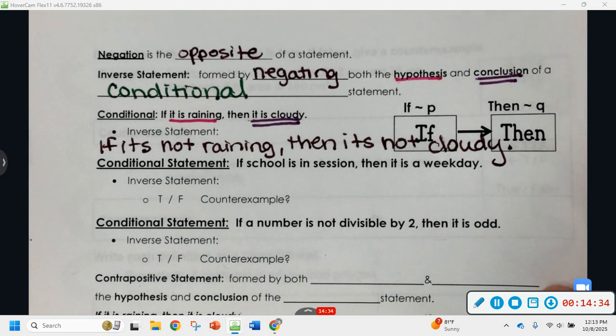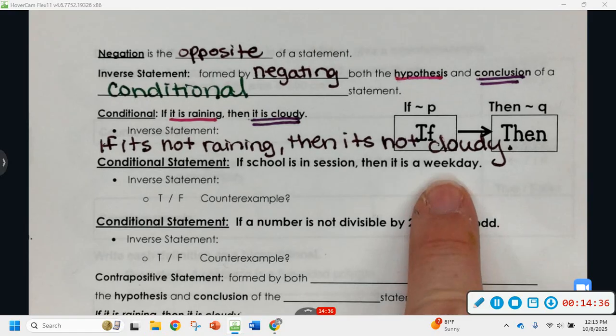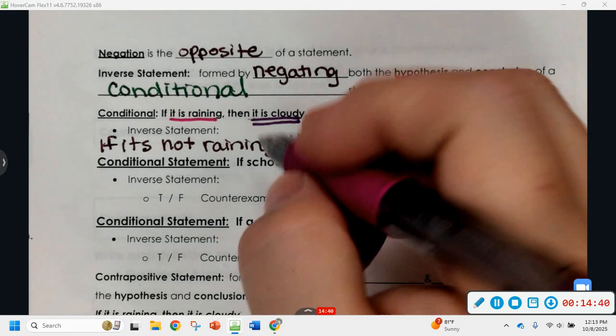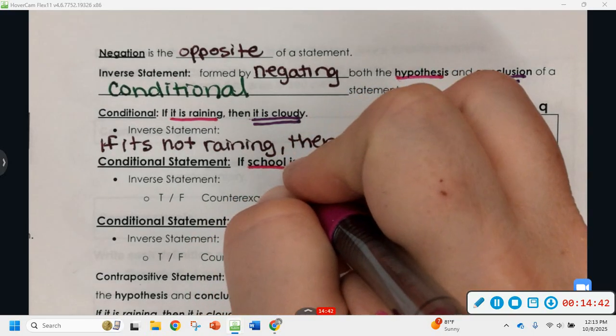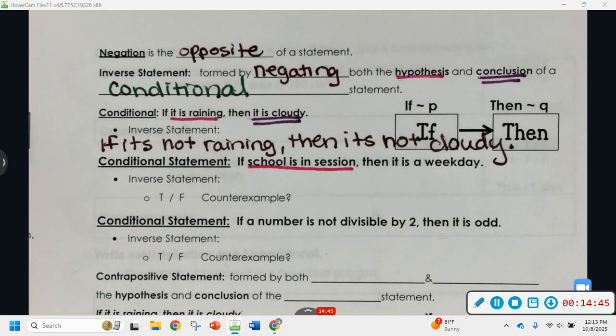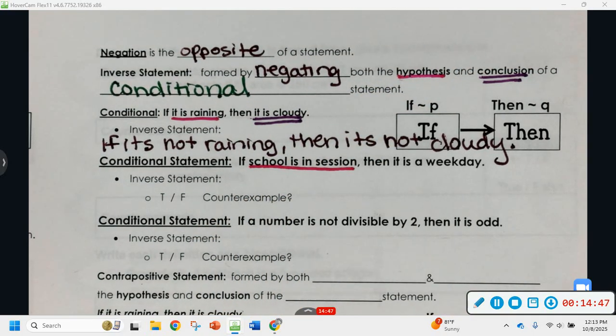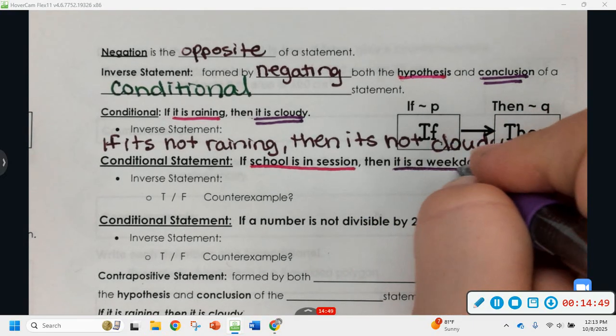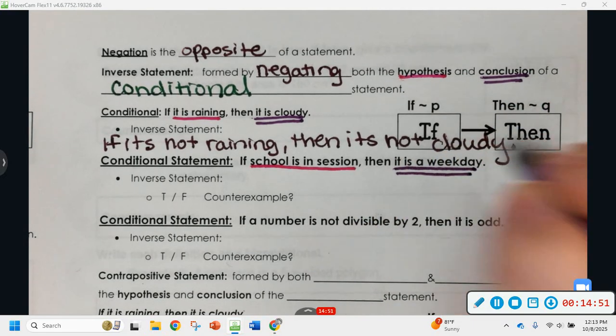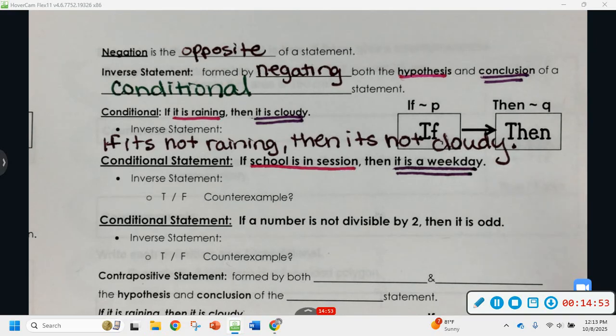If school is in session, then it's a weekday. My hypothesis is school is in session. My conclusion is it is a weekday. So the inverse negates that.